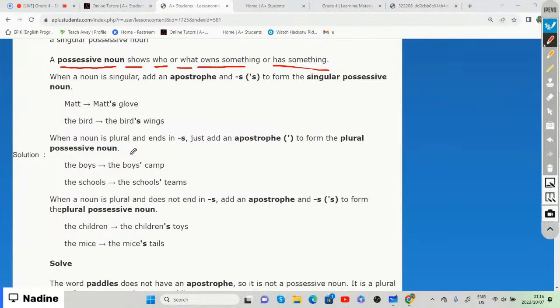And when a noun is singular, referring to one person, animal, place, or thing, we add an apostrophe and an S, for example, like that. So we add the apostrophe as well as the S. That is what we need to do to form a singular possessive noun.